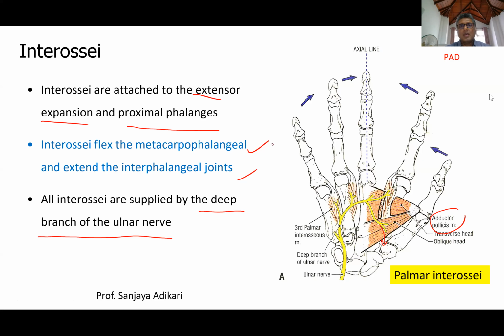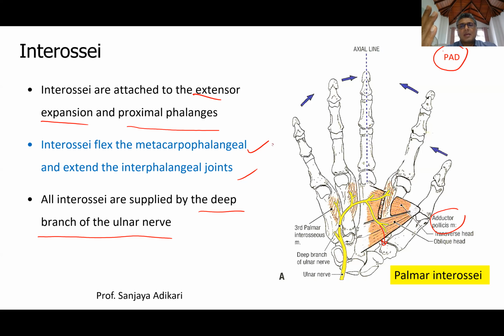the interossei, you have palmar interossei as well as dorsal interossei. Usually there are three, and the palmar interossei, you remember their action as PAD, palmar adduction. Palmar interossei, they adduct the fingers. Therefore, you usually get palmar interossei for the index finger, ring finger, and little finger, because you cannot adduct the middle finger further.